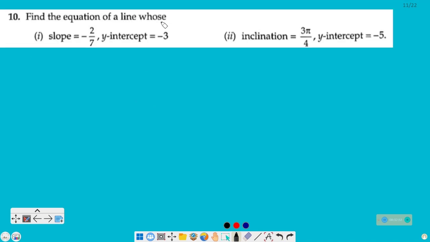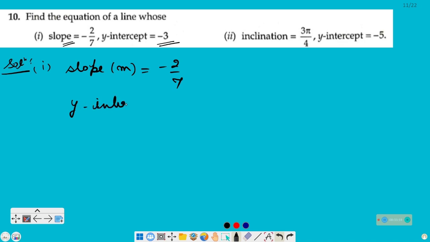Find the equation of a line whose slope is this and y-intercept is -3. Now you can apply the direct formula also and you can also solve this by the slope point formula. First we solve by the direct formula. Slope means value of m is -2/7 and y-intercept means value of c is -3.